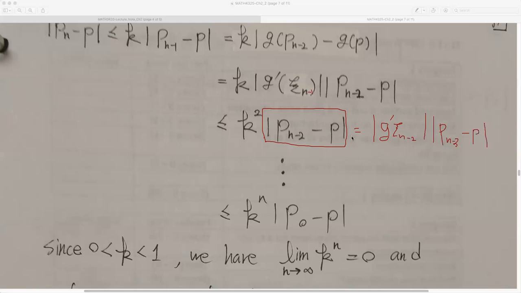By the way, that is equal to, actually I skipped one term.